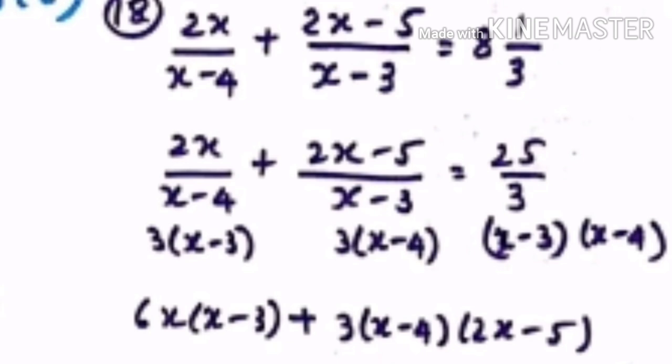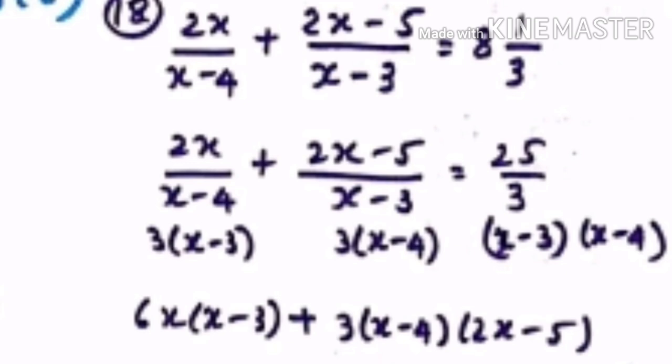2x upon x minus 4 plus 2x minus 5 upon x minus 3 is equal to 8 integer 1 by 3. Now you can see right side mixed fraction we can convert into improper fraction. So 25 by 3, and then to make it linear we have to take LCM.